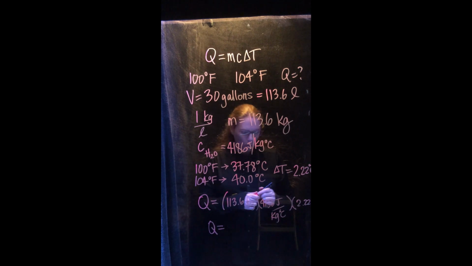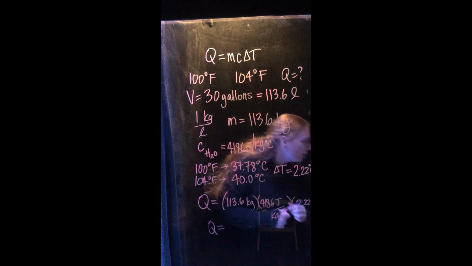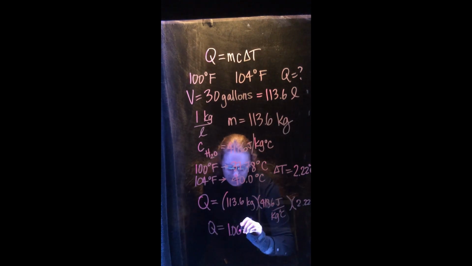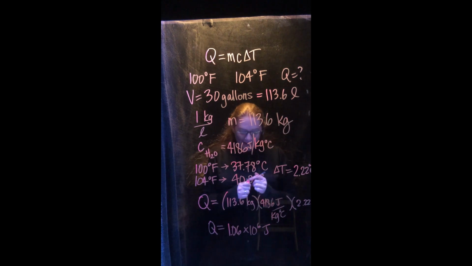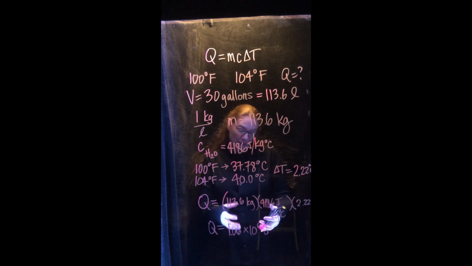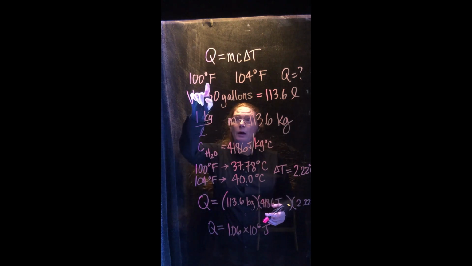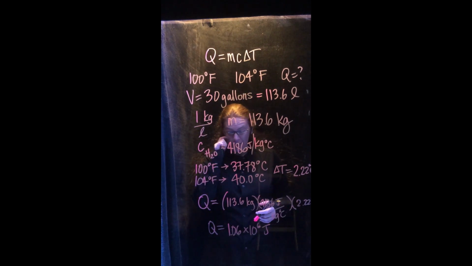What do you get? What I got when I did this is a very big number: 1.06 times 10 to the 6th joules of heat. That's how much heat energy it would take to raise my bathtub water from 100 to 104 degrees Fahrenheit.